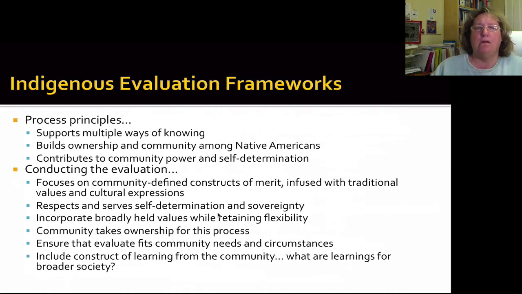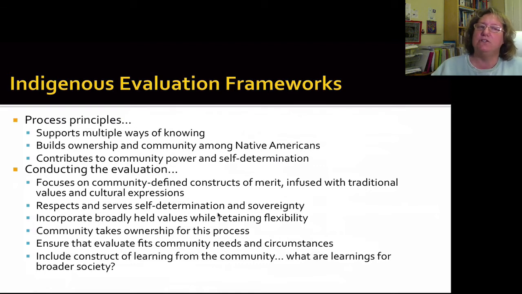Overall, it's about building community power and self-determination, as opposed to holding the community accountable for a grant that it got and proving that it did what it promised. Now, usually Native communities have to do that anyway, but that's a violation of what's typically recognized as their Indigenous framework. We really want to center community power and self-determination through the process and the product of an evaluation study.